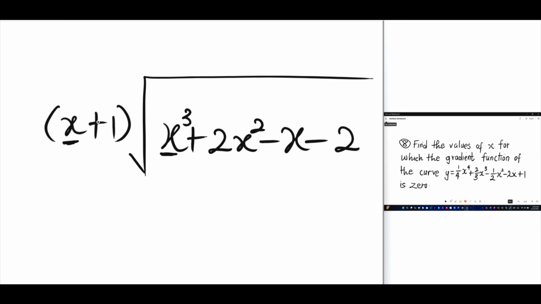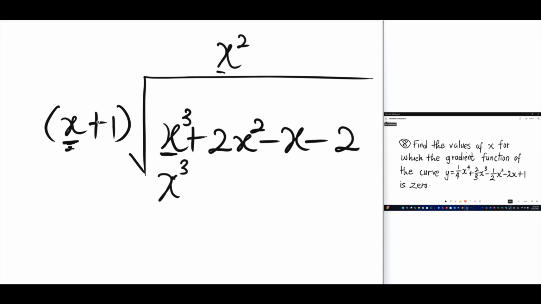So we are going to divide x cubed by x, and that will give us x squared. All right. Then you now use the x squared to multiply each of the terms in the divisor. So x squared will multiply x, and we are going to get x cubed. All right.